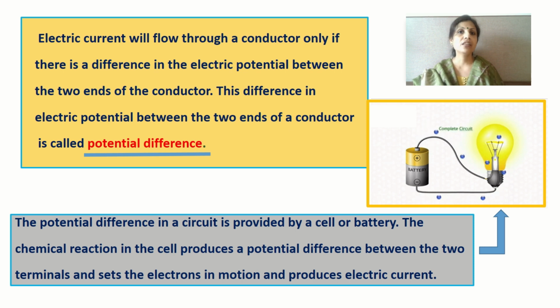We have created a concentration of electrons more at the negative terminal, and so they start experiencing a force and they move in one direction like this, and thus the flow of electric current gets established in a conducting wire.